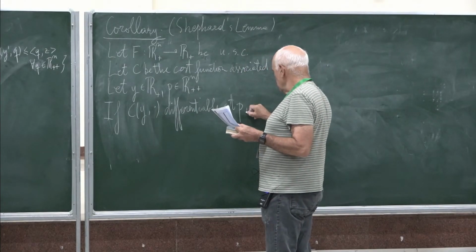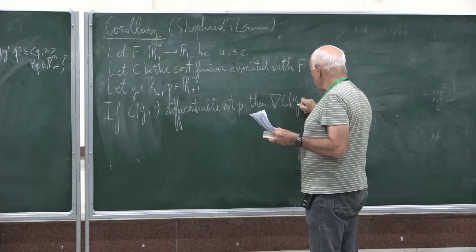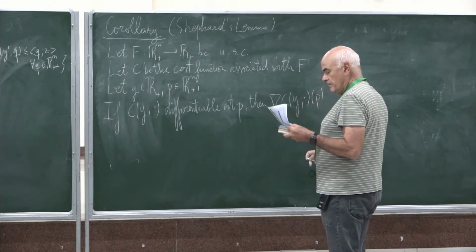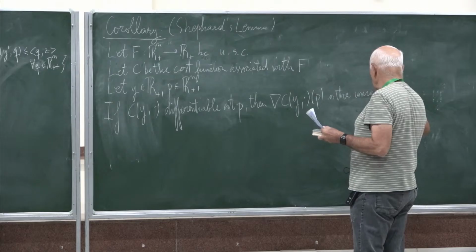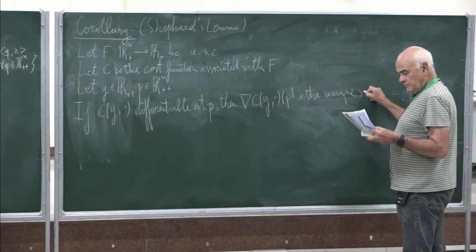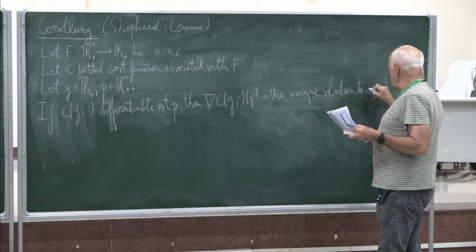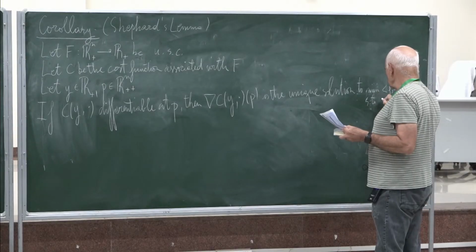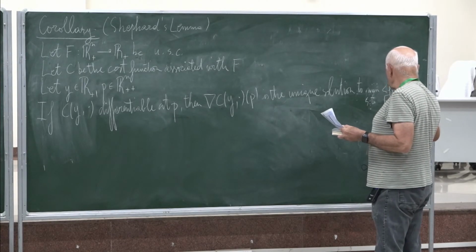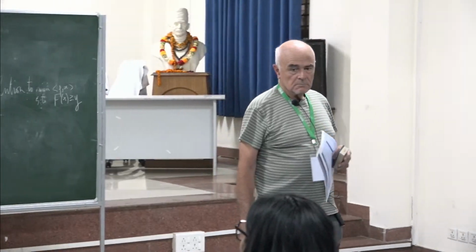Then the gradient of this function at p is the unique solution to the cost minimization problem. So the solution is unique, and it's the gradient.